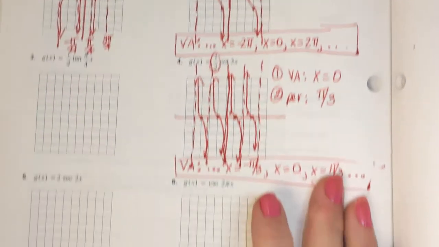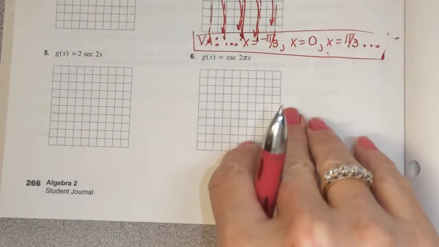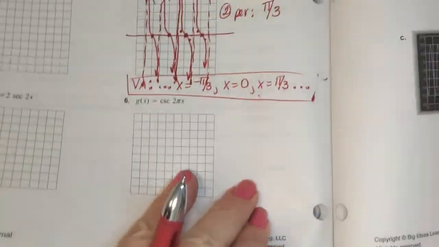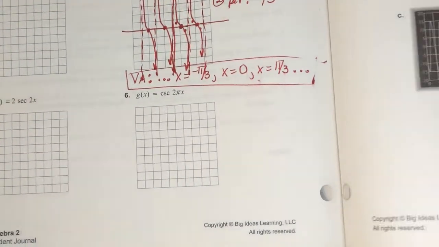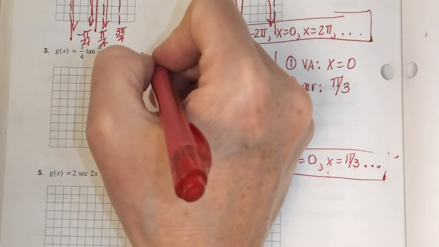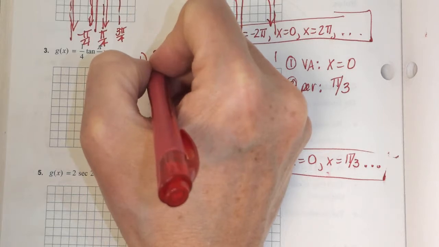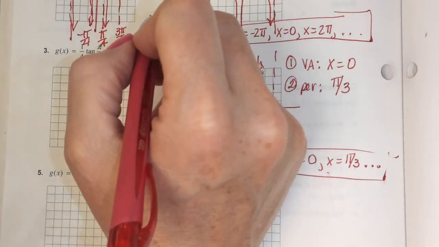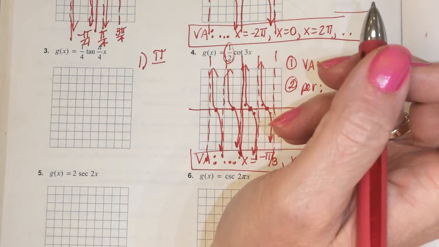All right, let's do this one now, number 4. On number 4, first thing we have to find is the period. So we have to do pi divided by what? Natalia, what do I divide by? Pi divided by?